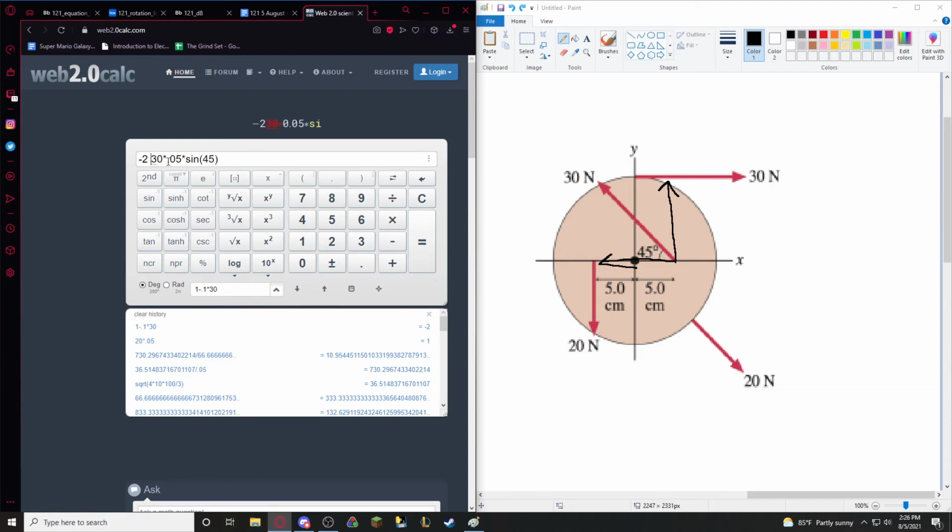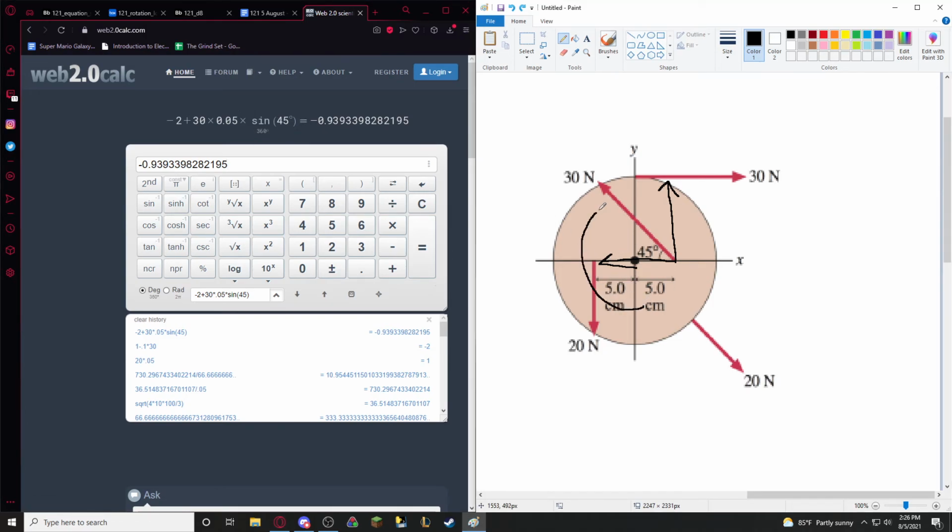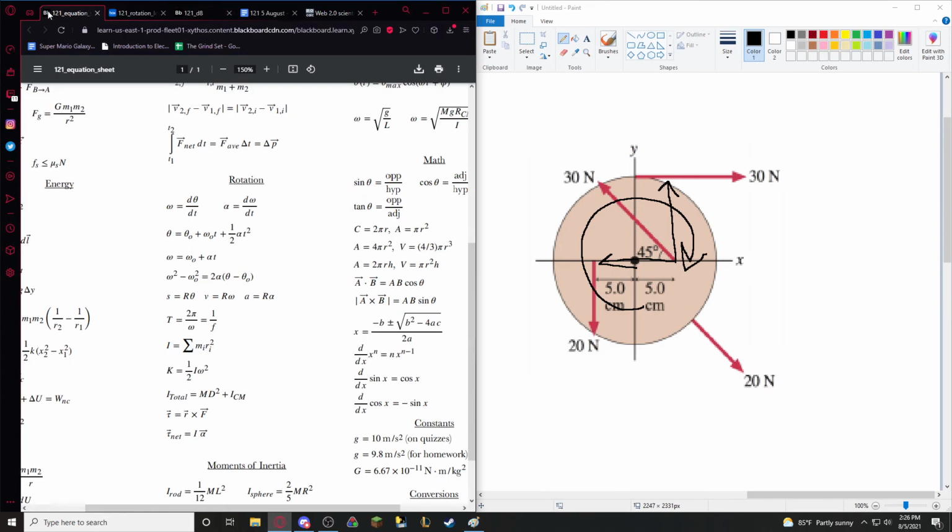And is it positive or negative? That one's positive. Yep. So we get a total net torque of negative 0.939 Newton meters. So essentially a clockwise rotation, 0.939 Newton meters.